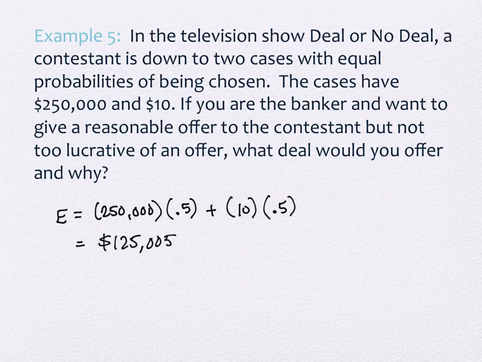And then we're going to answer the question being asked, which is what should you offer as the banker if you're trying to make it a good offer, but not too good of an offer, right? That's the question. So we'd offer around $125,000, right? We'll put the 5 in there, $125,005.